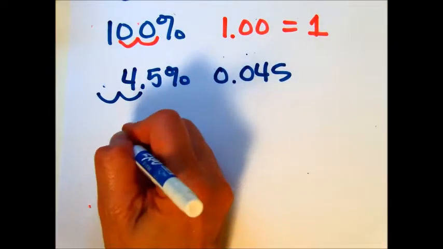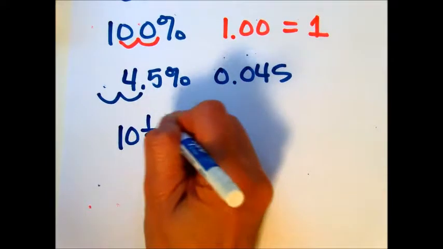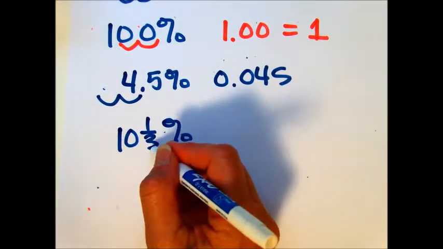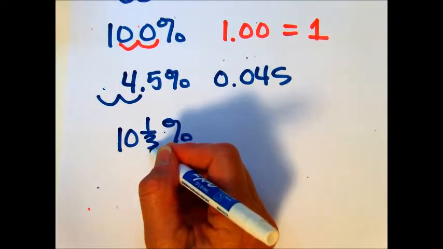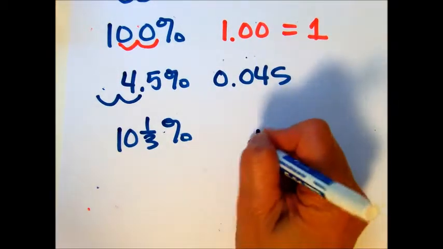Sometimes you're going to get a number like this, 10 1/3%. Now, what we could do is convert this fraction to a decimal. And if you're not sure, you could divide, 1 divided by 3.